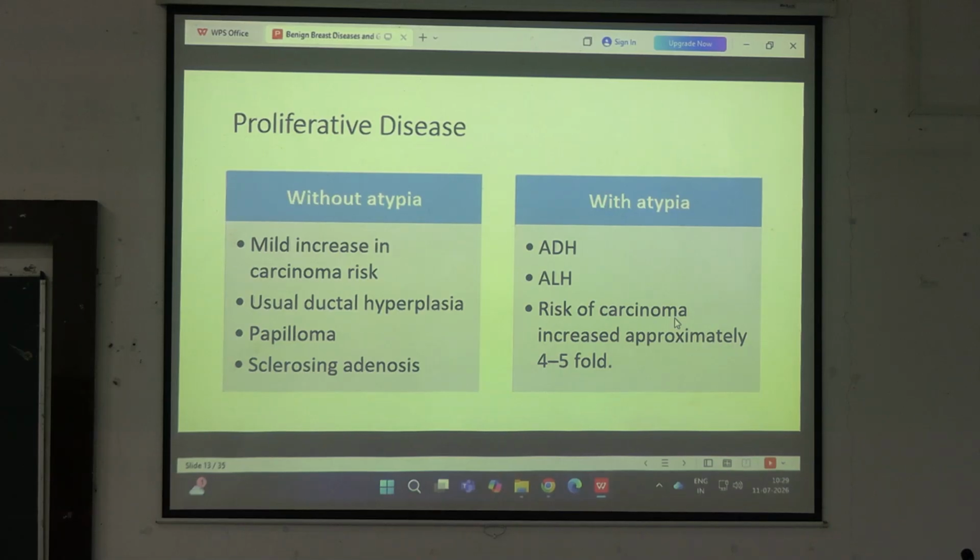To differentiate without atypia and with atypia, the main difference is the increase in cancer risk. There is only 1.5 to 2 times risk without atypia, but 4 to 5 times risk with atypia of transforming into malignancy. The most important without atypia are usual ductal hyperplasia, papillomas and sclerosing adenosis, and with atypia, atypical ductal and atypical lobular hyperplasias.